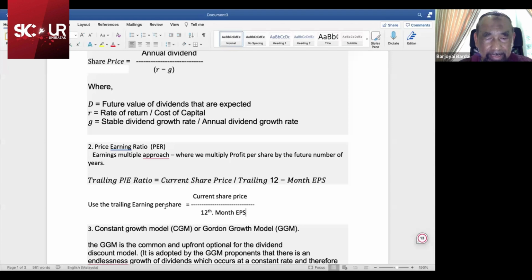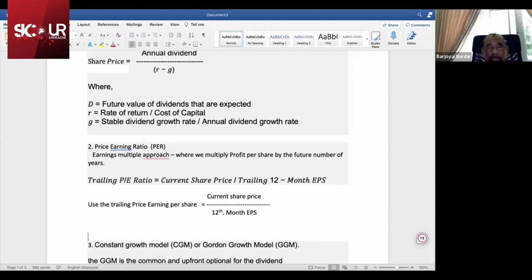So this is the trailing PE, right? So trailing price earning ratio is equal to current share price divided by 12 months EPS.